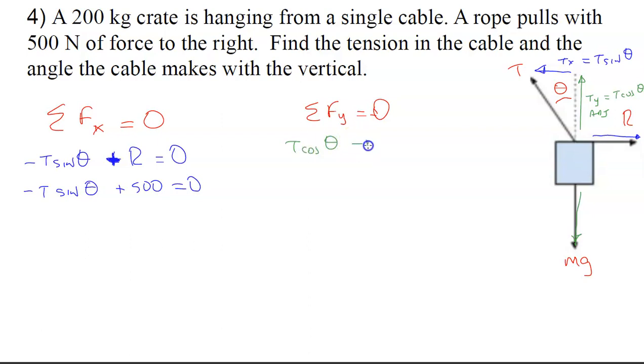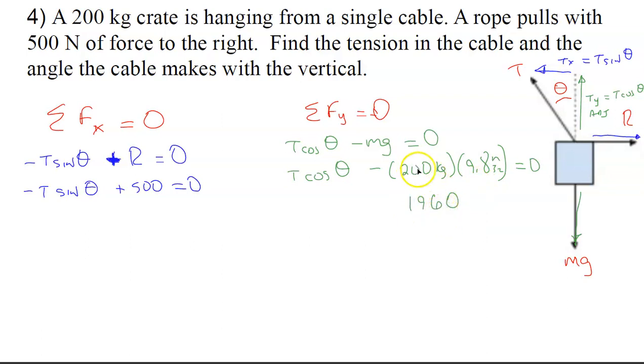And then down, opposite direction, negative sign equals minus mg. That equals 0. And I've got some numbers there, t cosine theta minus 200 kilograms times 9.8 meters per second squared is g, and that's equal to 0. And 200 times 9.8 is going to be 1960.